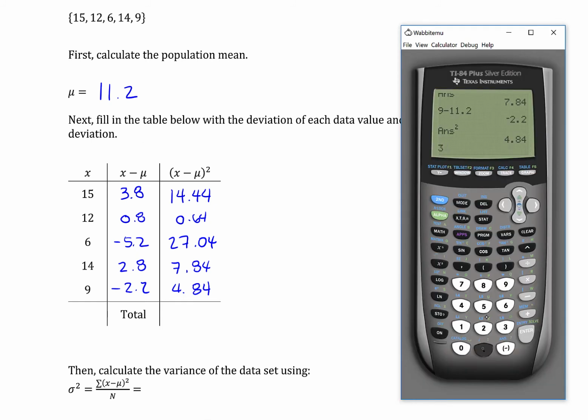If I take all of these data items and I add them together, so taking into account positives and negatives, I end up with 0. And it's nothing to do with this particular data set. It's just a property of how the mean is defined versus how it interacts with the data values. So we can't really get away from that.